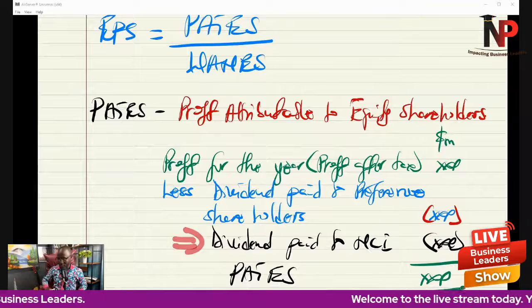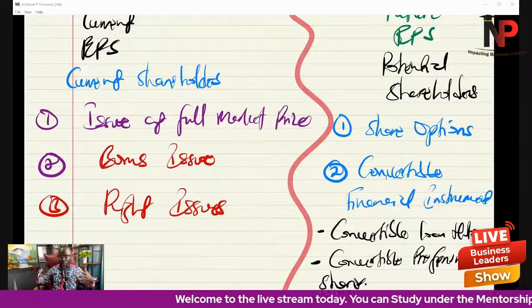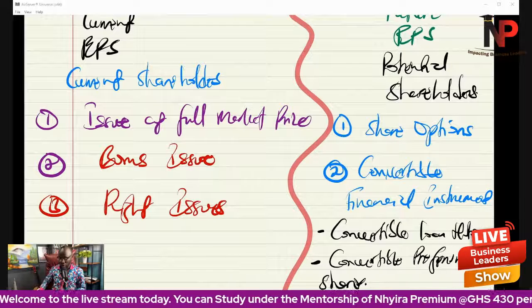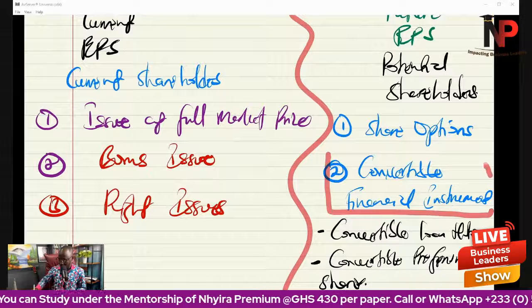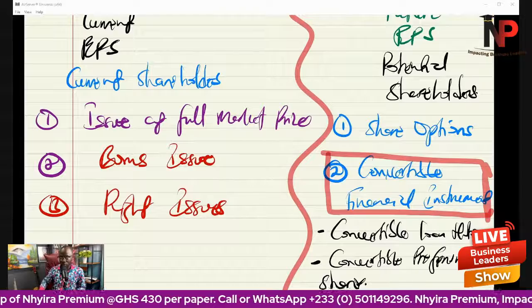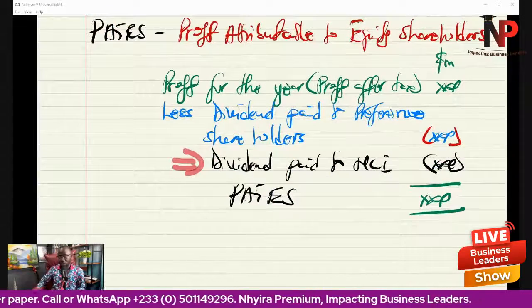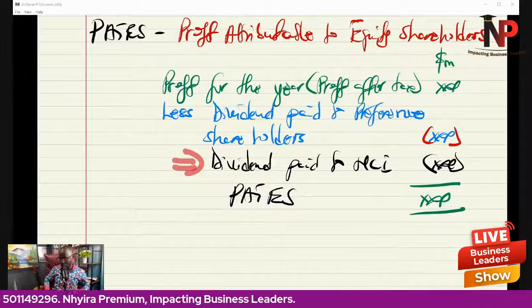As we take the specific scenarios, as I've indicated here, we may have to adjust the profits attributable to equity shareholders, especially when we are in the diluted earnings per share and we are dealing with convertible loan notes. Because when you are dealing with convertible loan notes, we would have to further adjust the profits attributable to equity shareholders. Don't worry, when we get there, you're going to see how it will play out.